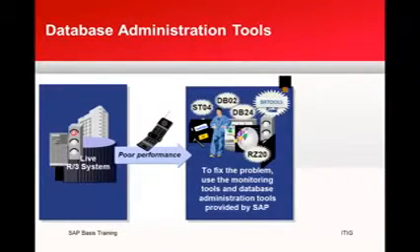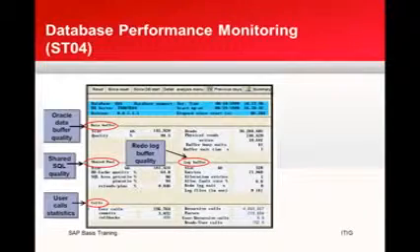Next thing is let's go into ST04. In ST04 we will be going through them in detail while connecting to the live system. I'll show you how to read these reports, and here you can see the pictorial view of the different key parameters in ST04. They are pretty important from the performance point of view. One thing is the Oracle data buffer quality.